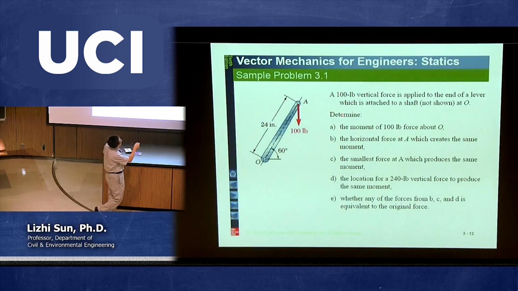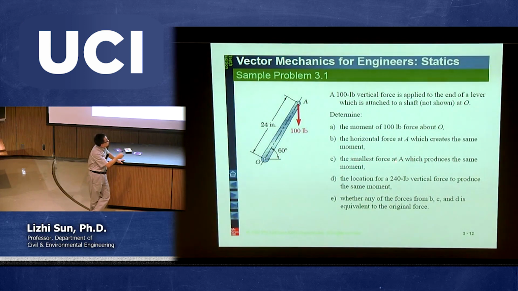So they say we need to determine the smallest force at point A which produces the same moment this time. So this force for question C is not horizontal, may not be vertical, but it's the smallest force.